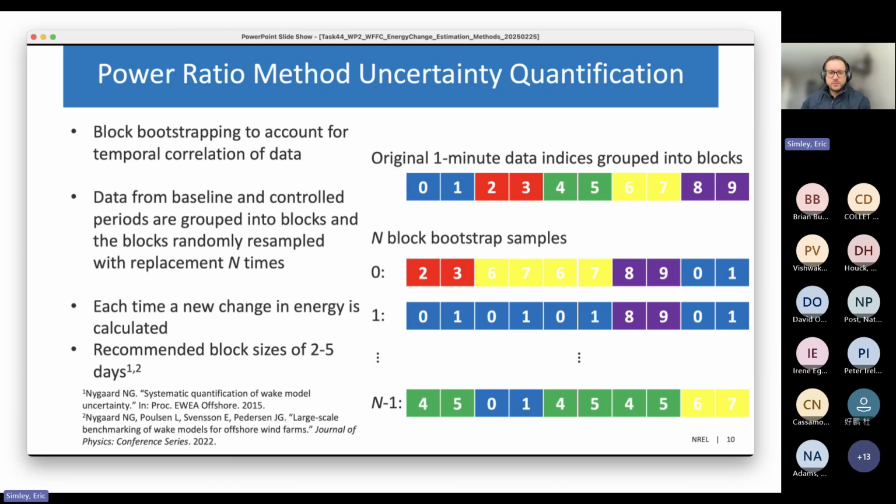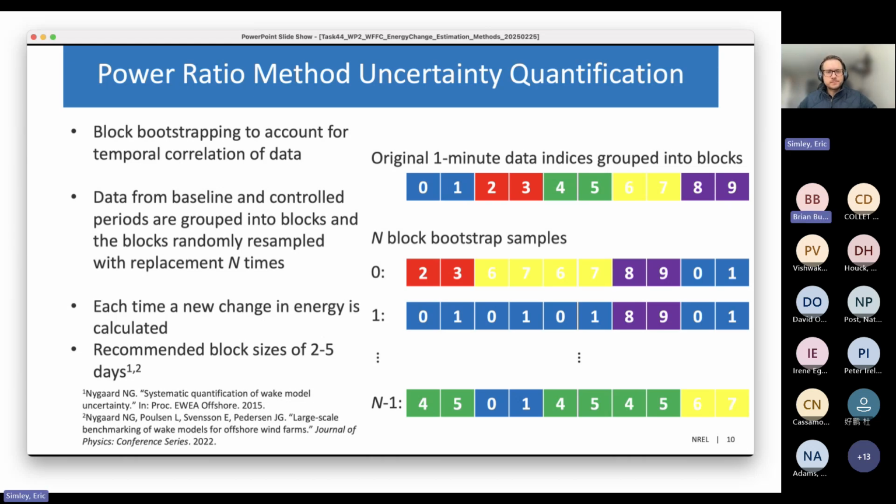So there's no guarantee that a block would include both of the toggle conditions during the same 24-hour period or whatever block length is being used. So I think what you're saying is it might be better to apply those blocks before dividing the data into the two control modes or the two toggle modes.